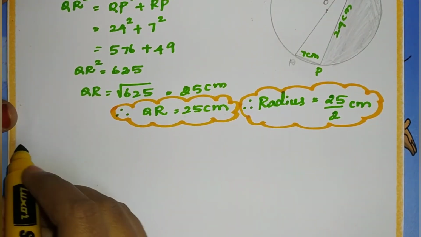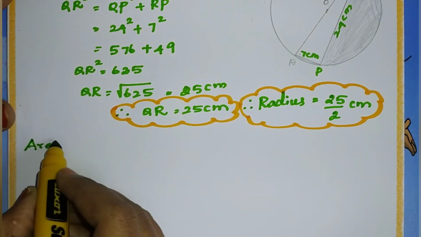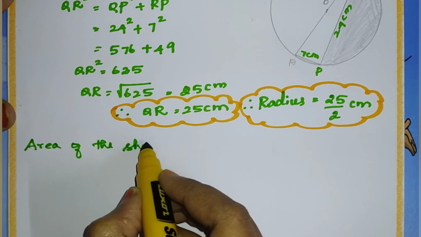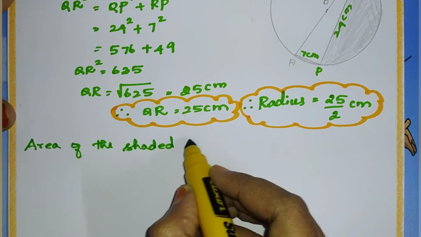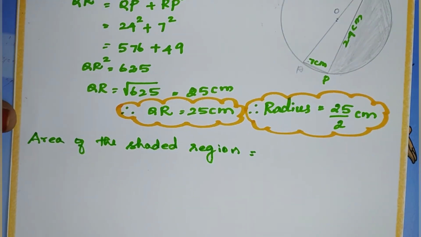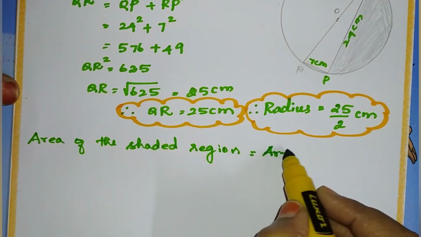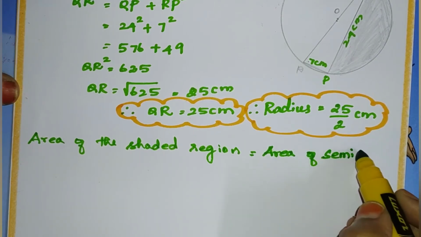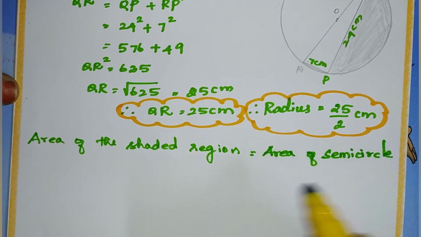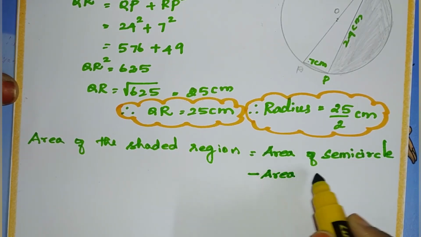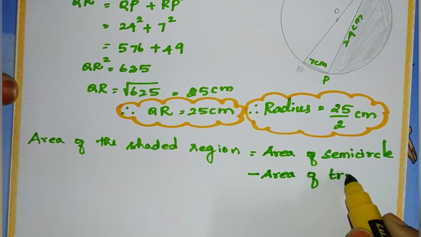Area of the shaded region. How we can find the shaded region? Area of a semicircle minus area of triangle.